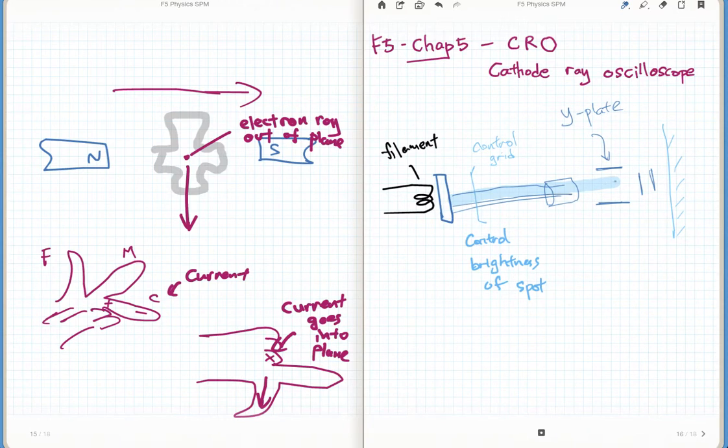This is to make sure you provide positive and negative potential difference. Then the beam would travel upwards eventually. Or you have the other plate called the X plate.